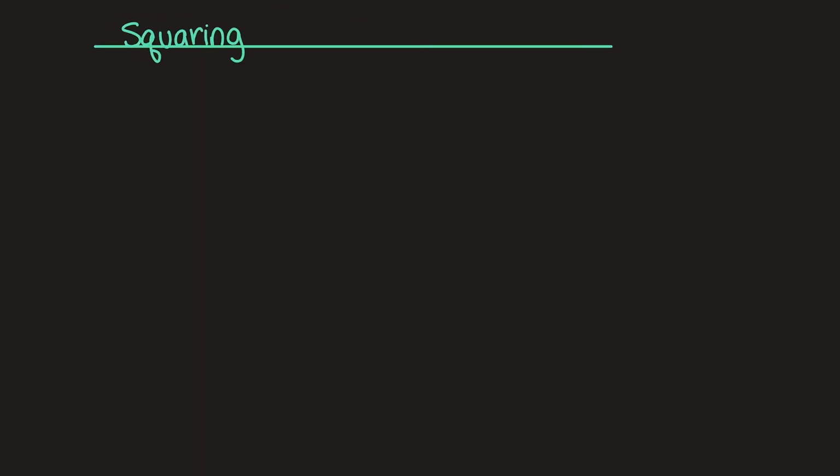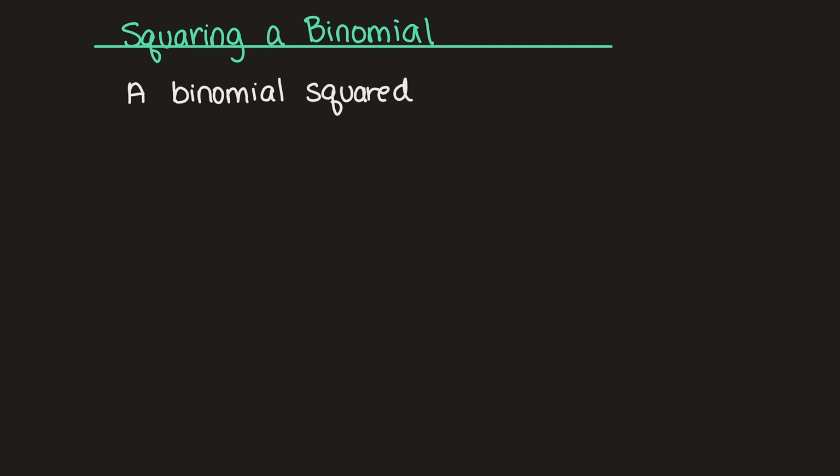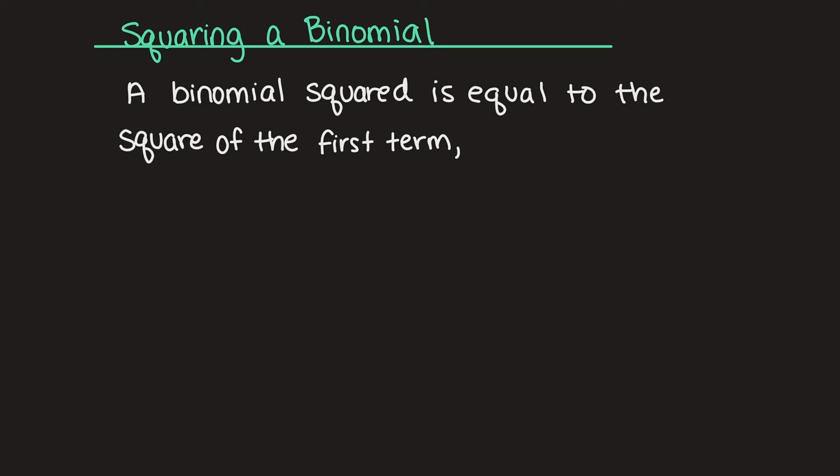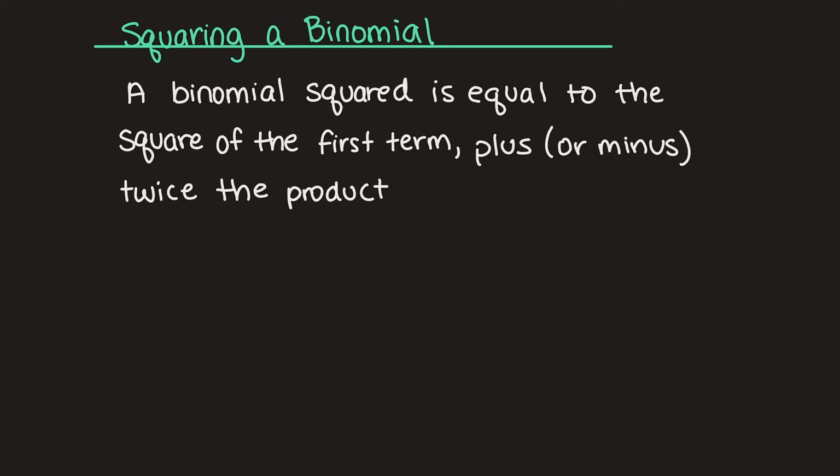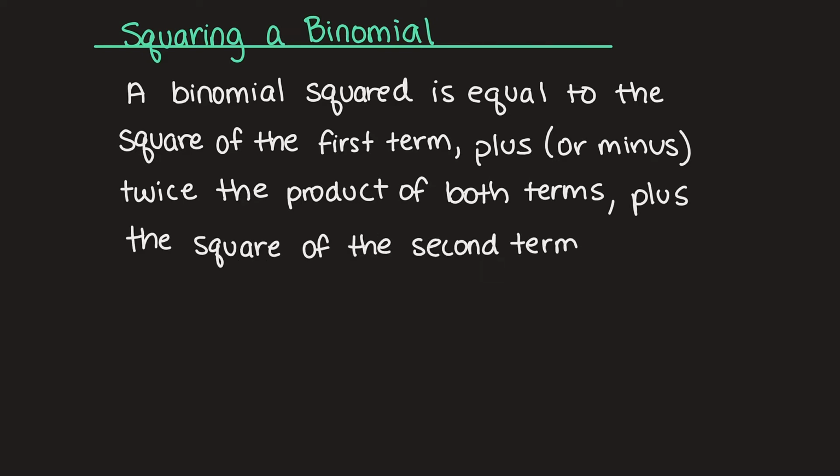So let's write down this pattern. A binomial squared is equal to the square of the first term plus or minus twice the product of both terms plus the square of the second term.